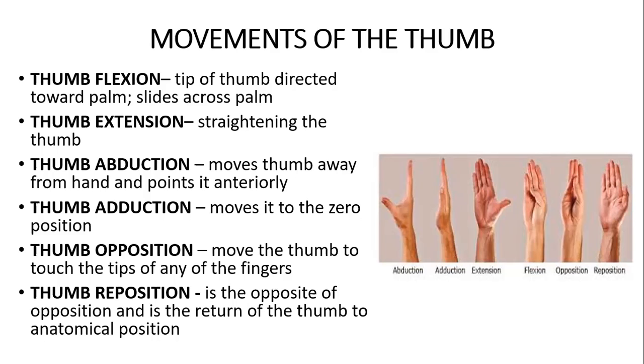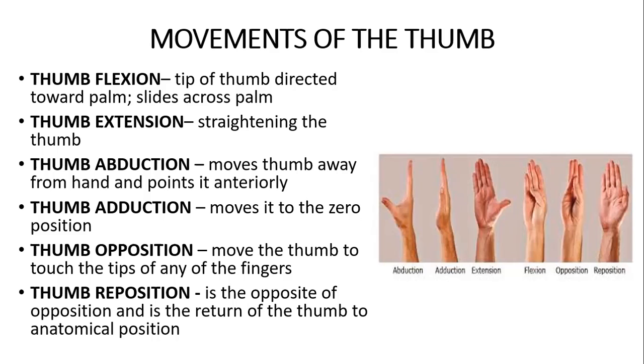We have something known as thumb opposition. Thumb opposition is where the thumb touches the tip of any one of the other four digits. Pinky opposition, fourth digit opposition, third digit, index finger opposition.